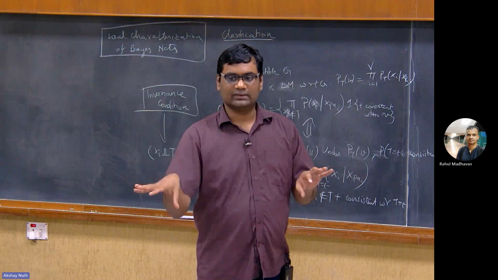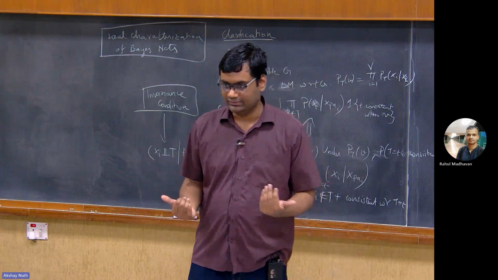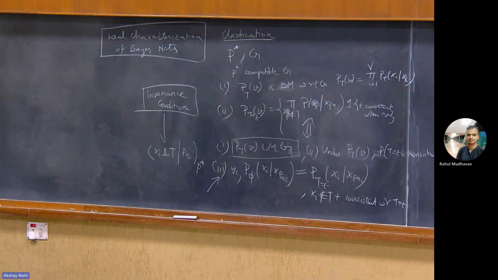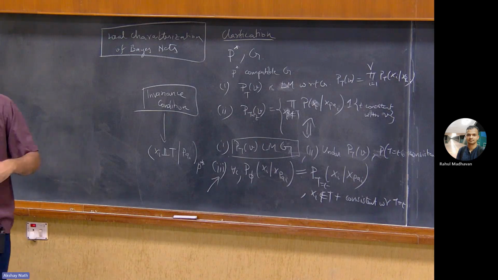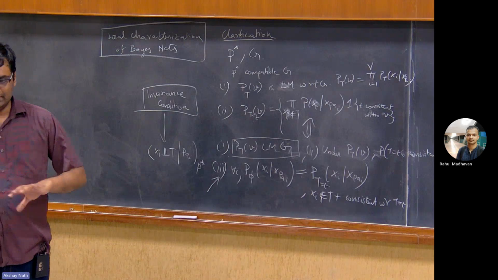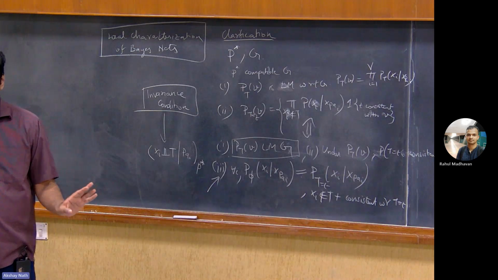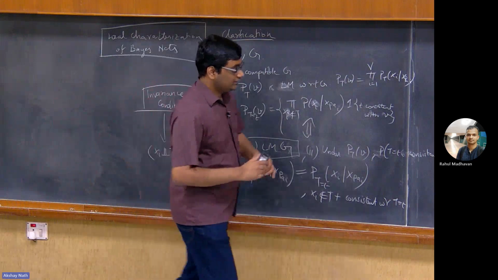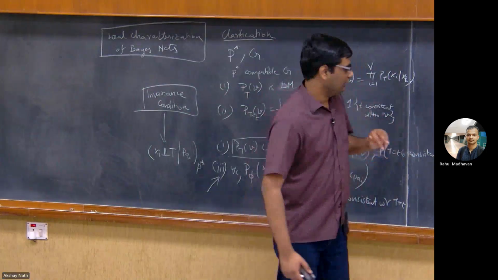Then I'll prove that it implies conditional independence, because that's much easier. You will find that this alternate characterization does most of the job. I'll probably prove the rest later, but it's just a pure graph theory exercise. There's really nothing other than that. The rest of the proof is very beautiful.